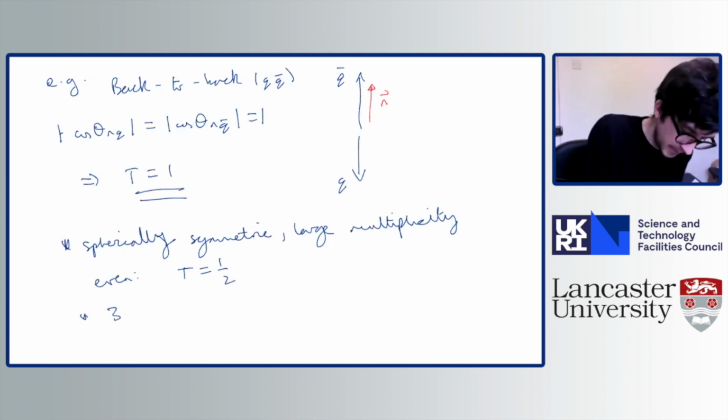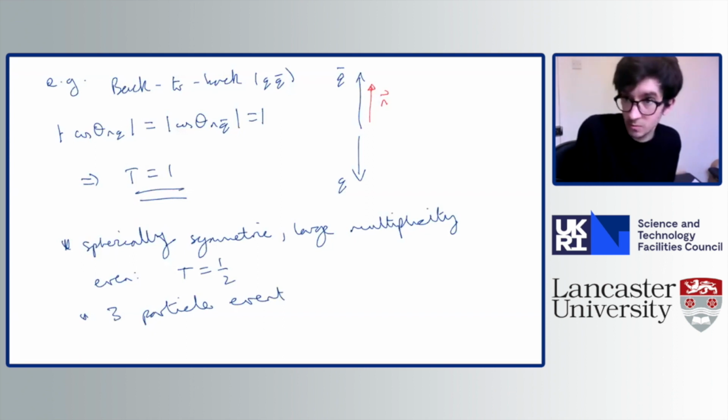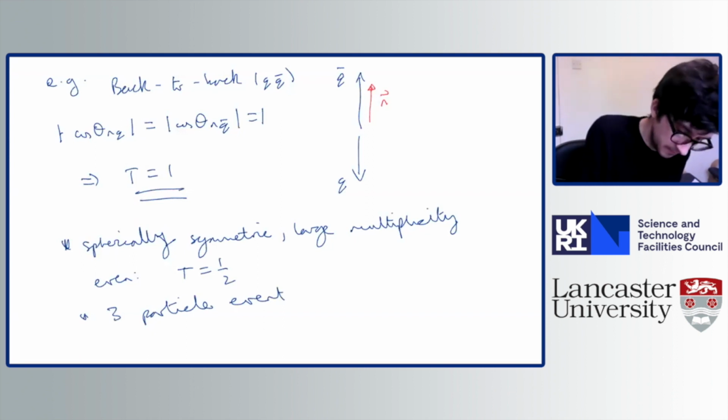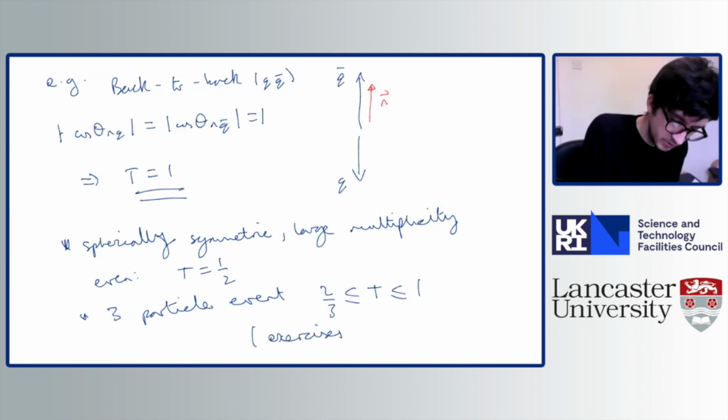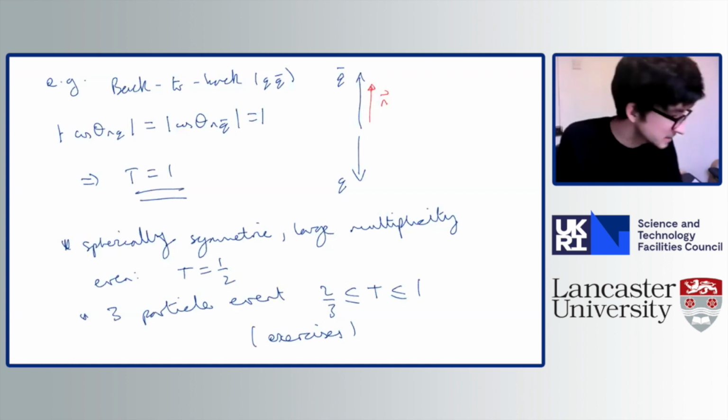And for a 3 particle event, it can take a range depending on how they're oriented, but it has this range. And I'm not going to justify those because there are some exercises on that.